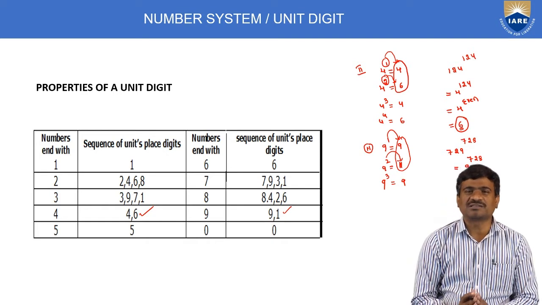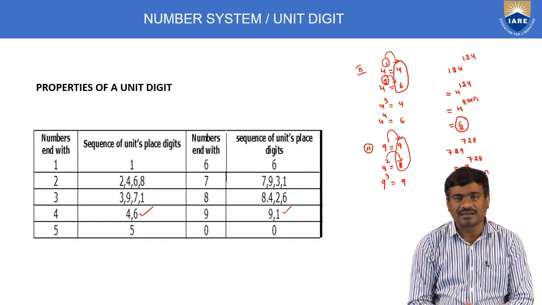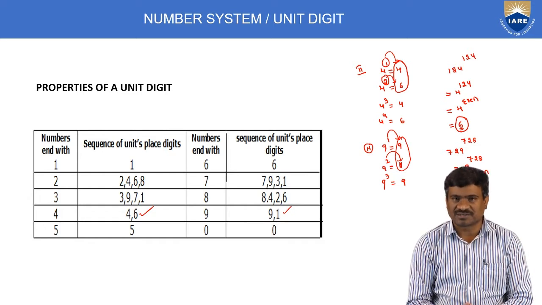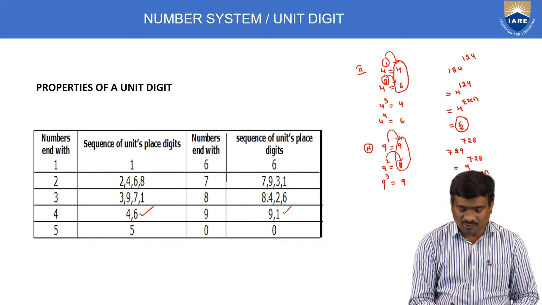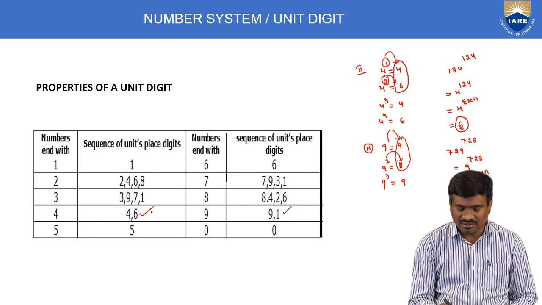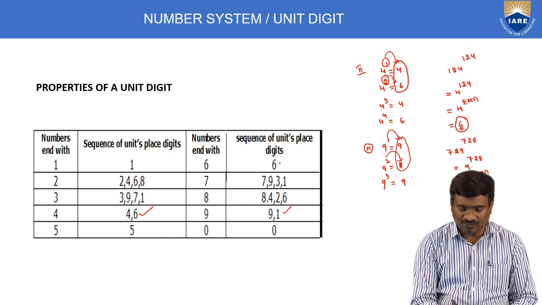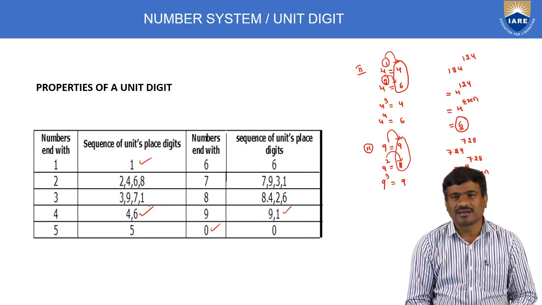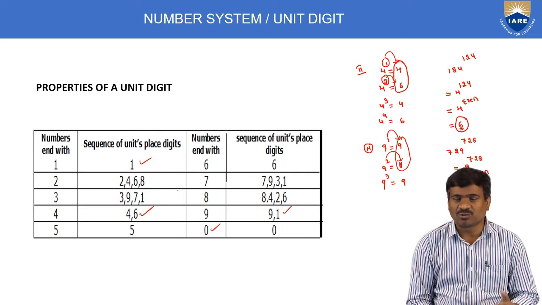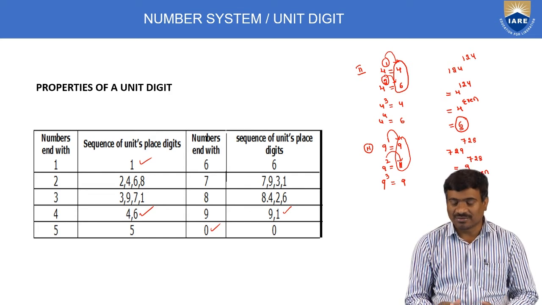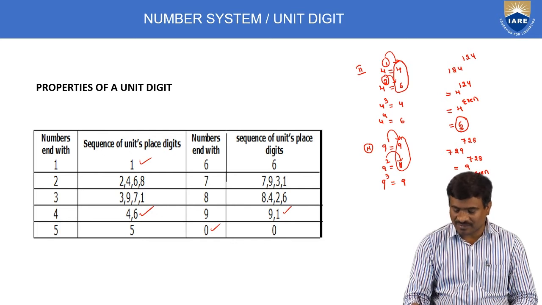This is the second case in the unit digit concept. Here 4 and 9 are completed, 0, 1, 5, 6 are completed. Pending are 2, 3, 7, 8.